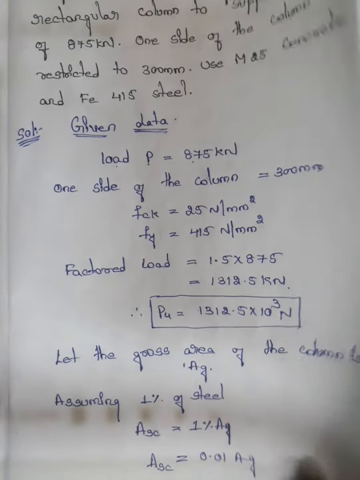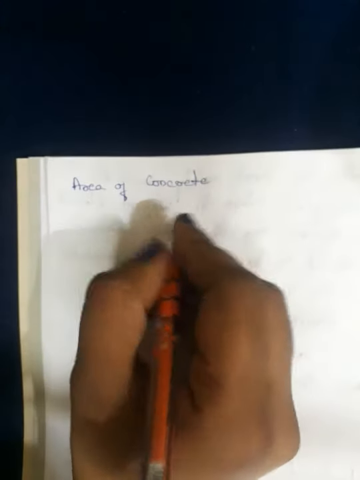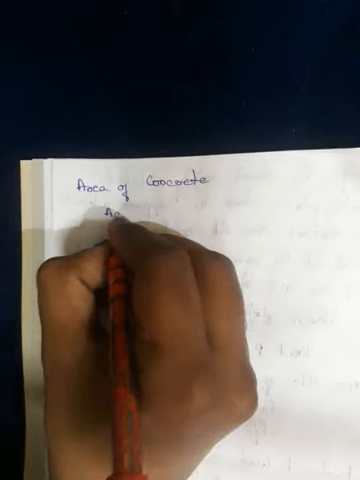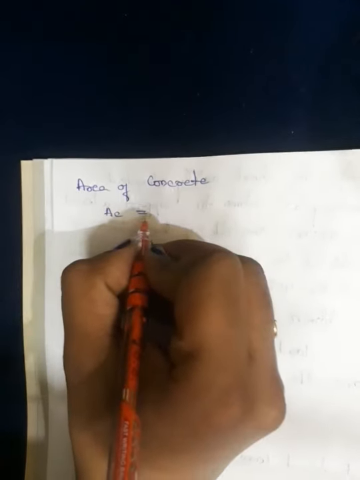Now we'll find out the Ac, the area of concrete. If we want the area of concrete, we need to subtract the area of steel from the total area.